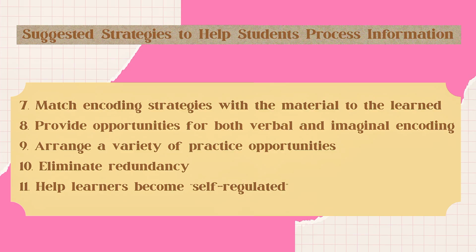Arrange a variety of practice opportunities. The goal is to help the learner generalize the concept, principle, or skill to be learned. 10. Eliminate redundancy. Redundant information between text and diagram has been shown to decrease learning. 11. Help learners become self-regulated. Assist students in selecting and using strategies such as summarizing and questioning.